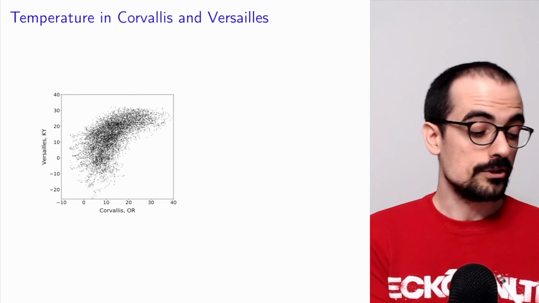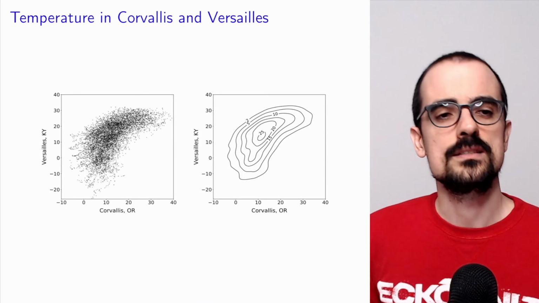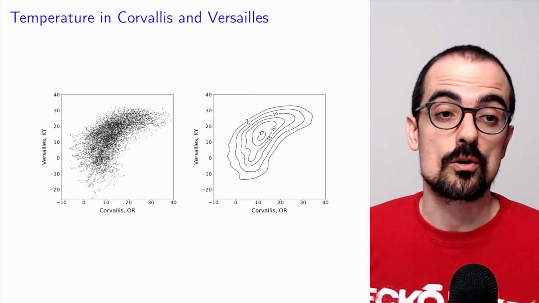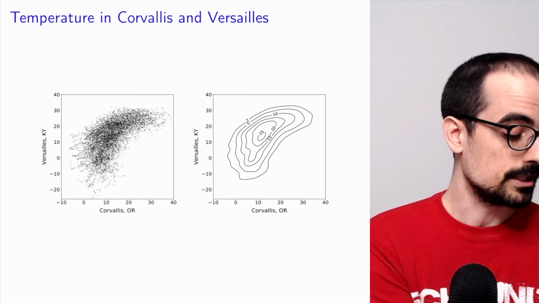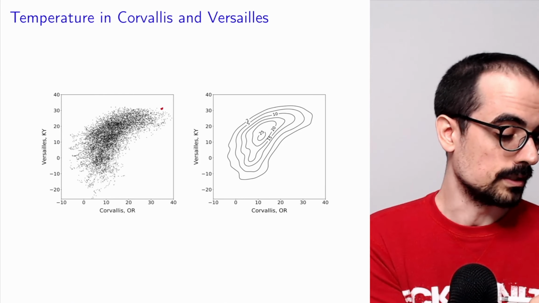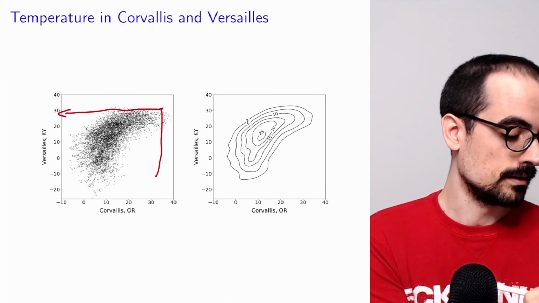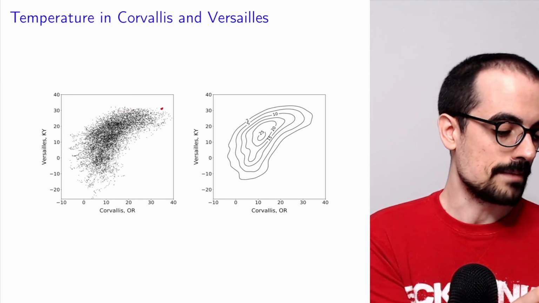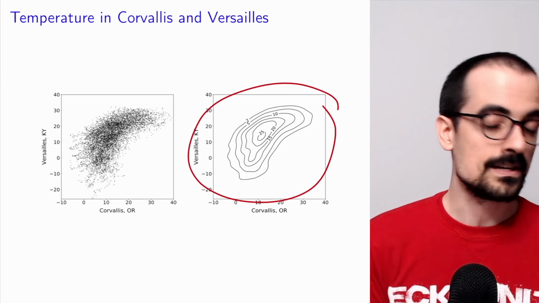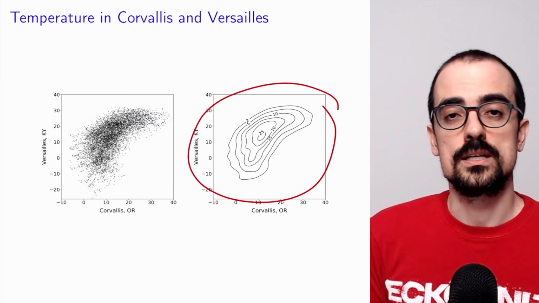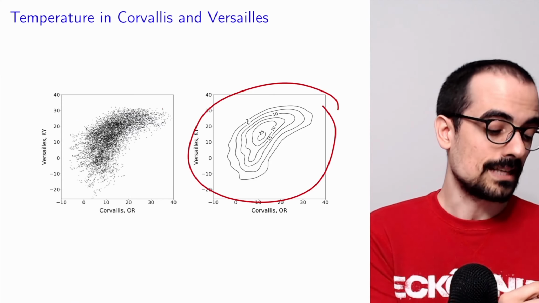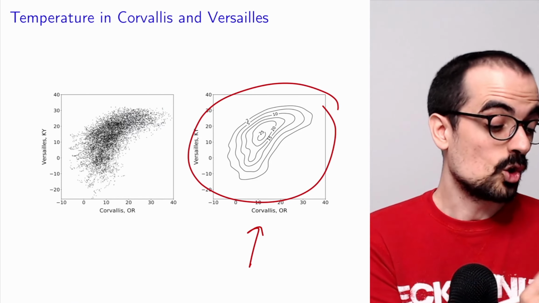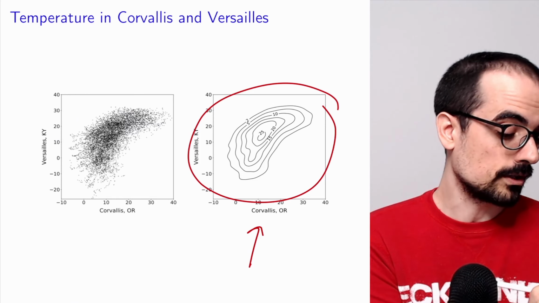What if you have a continuous random variable? These are temperatures at Versailles, Kentucky, and Corvallis, Oregon, over a year. So each point corresponds to the temperature in Versailles and the temperature in Corvallis. We can represent this as samples from a 2-dimensional random vector that has this joint PDF. Now, how do we compute the conditional mean? You could actually just apply the formula to this conditional PDF that you have estimated from the data, or more pragmatically, you can just say, I want the conditional mean at 10.